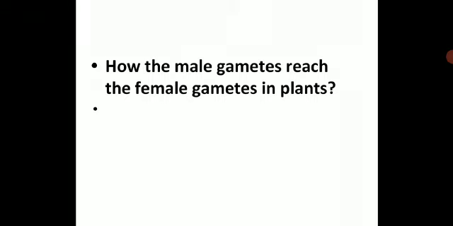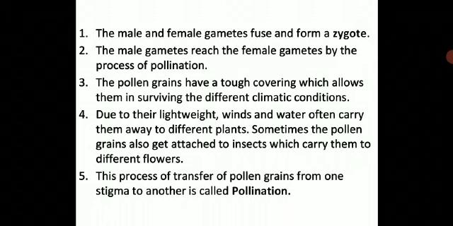Do write this subheading in your notebook. Under this head we are going to learn how the male and female gametes fuse and form a zygote, as I told you in the previous session. The male gametes reach the female gametes by the process of pollination. Pollination is the process by which pollen grains get fused with the female reproductive parts.